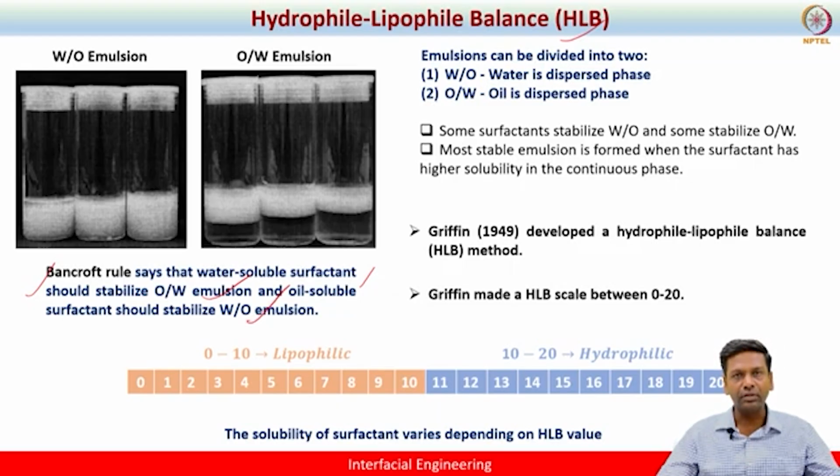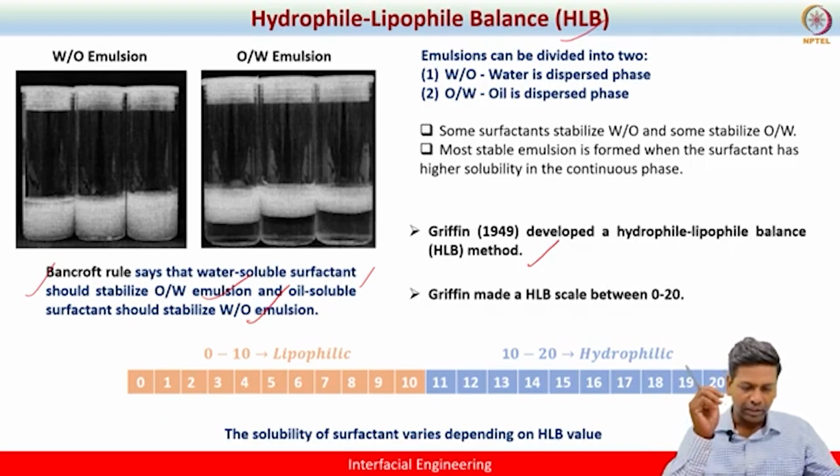So now the question is, what is the use of the HLB guideline? Griffin developed this HLB guideline, which is similar to the pH scale. On the pH scale you have numbers from 1 to 7 and up to 14, and you know how the pH behaves when it is less than 7 and when it is greater than 7.